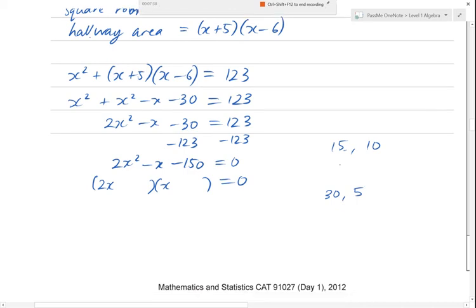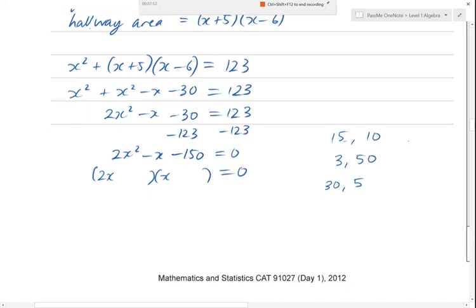And we could have 3 and 50. And what else can we have here? I feel like I've made a mistake because this is too hard.